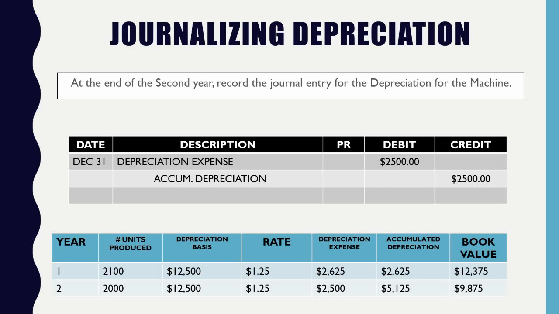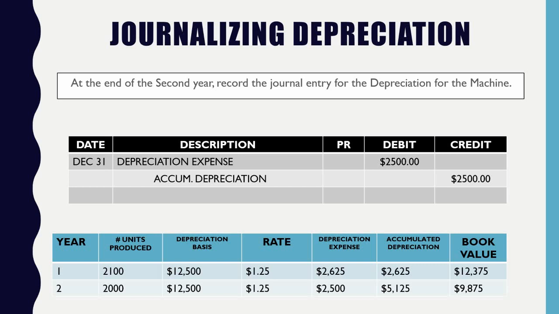Now, do not confuse the accumulated depreciation in the journal with your table. Your table is more or less the same as your ledger. This is what you tallied up in total that you've accumulated the depreciation for. That's how you determine the book value. In this case, your journal is saying that we're just tapping into this account right here.